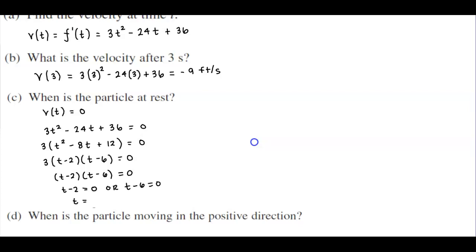So therefore t is equal to 2, or t is equal to 6. So the particle is at rest at 2 seconds or 6 seconds.